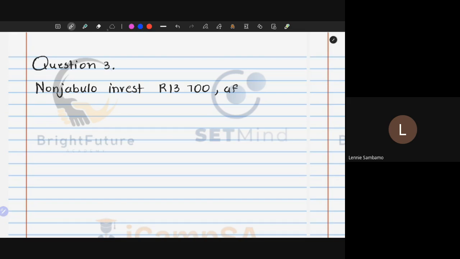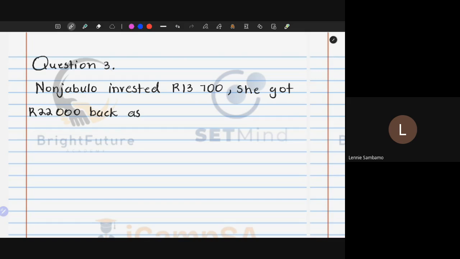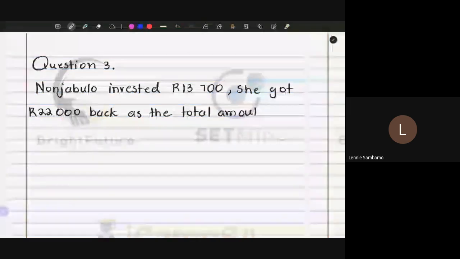And then she got 22,000 rand back as the total amount. That is the story.